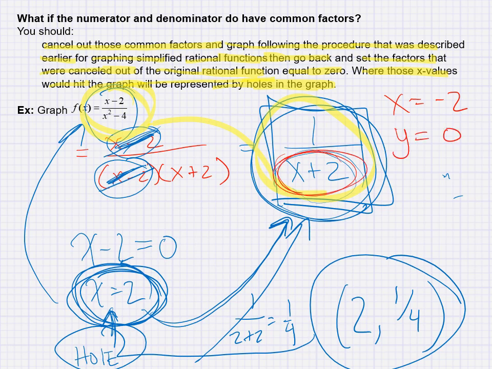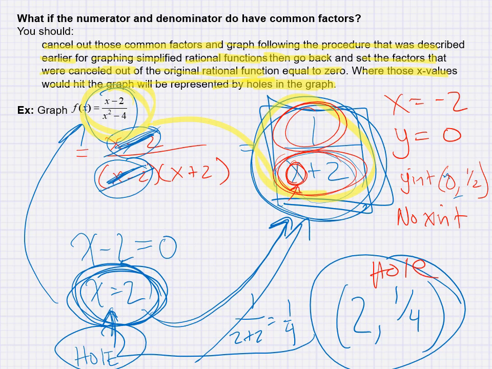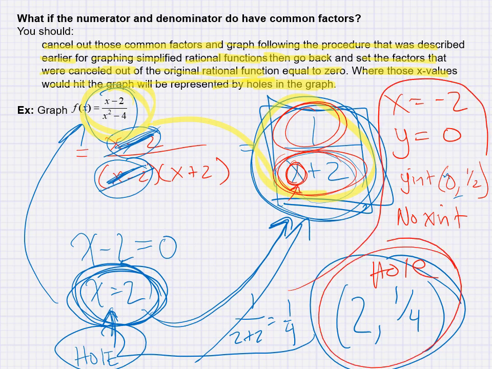There would be a y-intercept at the point 0, 1/2, because if you let x equal 0, you would get 1 over 2. There would be no x-intercept, because the numerator will never equal 0. And there will be a hole at this point right here. So this is all the information we know. Let's put it all together.